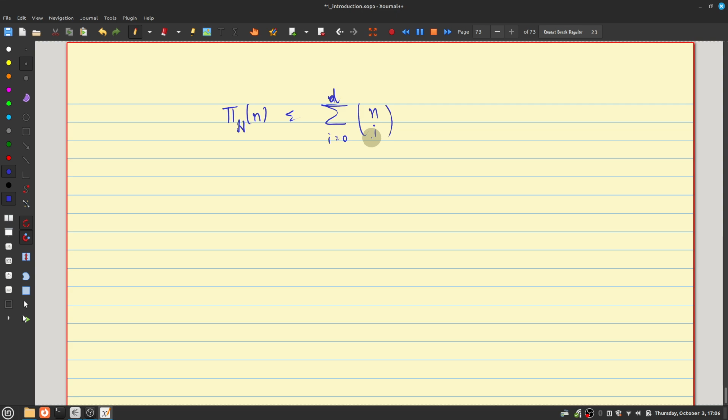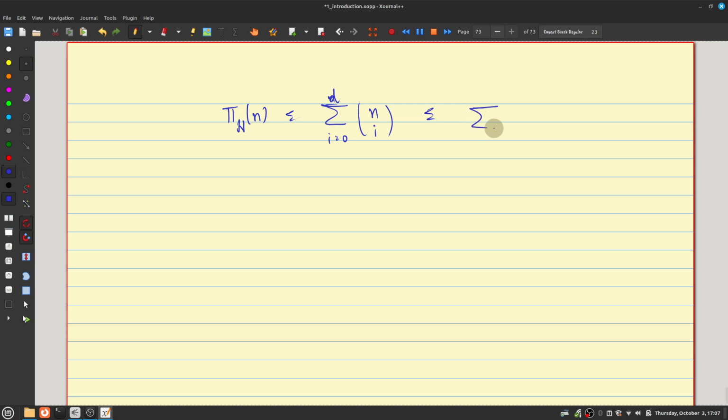Now let's assume that n is greater than d, right? Assume that n is, let's say, much larger than d. Then I can bound n choose i using n choose d if n is large enough. Just to give you some intuition.